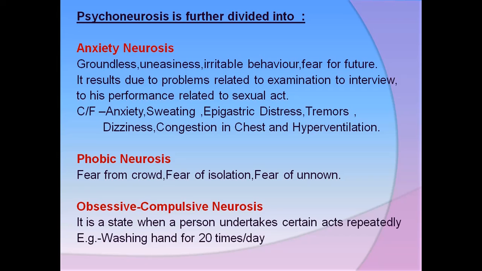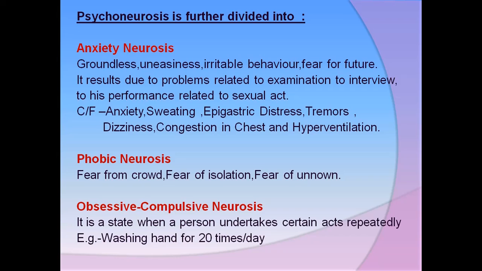There is fear for future. It results due to problems related to examination, to interview, to his performance related to sexual act. Clinical features of anxiety neurosis are anxiety, sweating, epigastric distress, tremors, dizziness, congestion in chest, and hyperventilation.